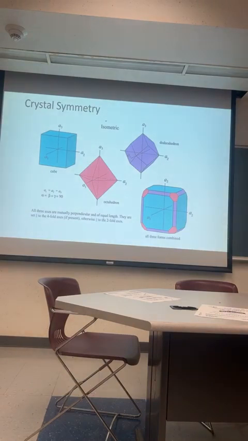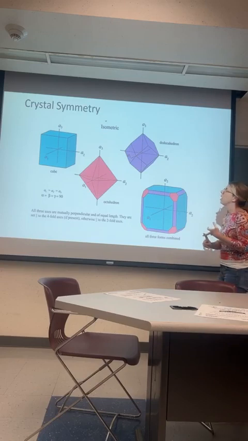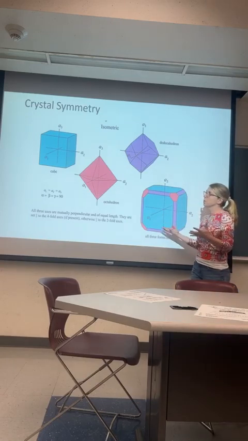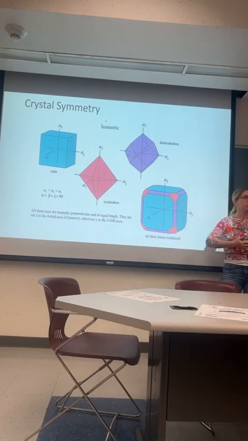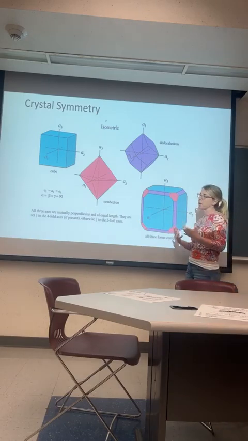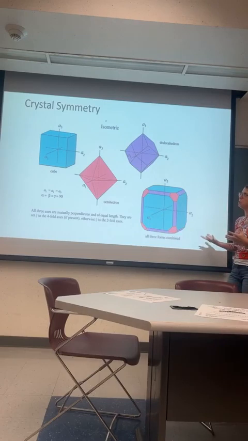And I told you that the cubes, the octahedrons, the dodecahedrons, they're all related to each other because they all have identical symmetry. And that's how we, as geologists, define one aspect of these nicely shaped crystals, which is the symmetry.